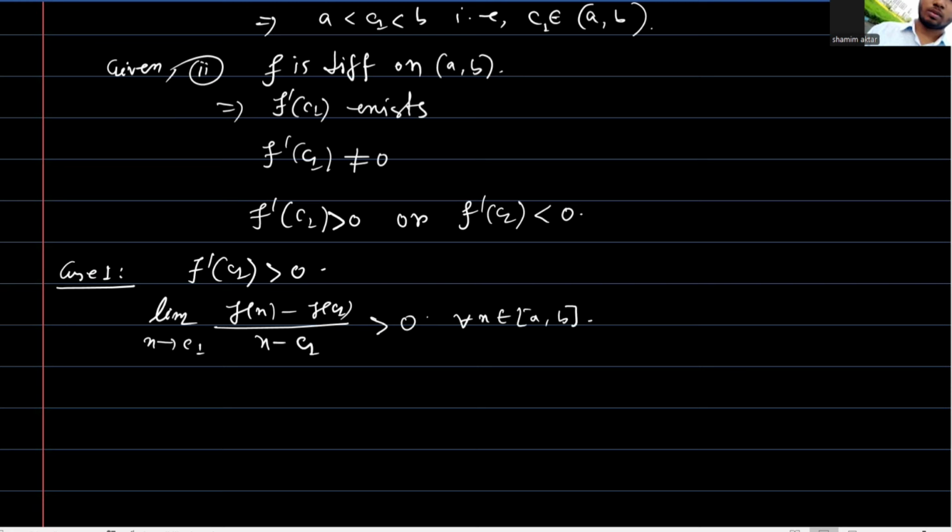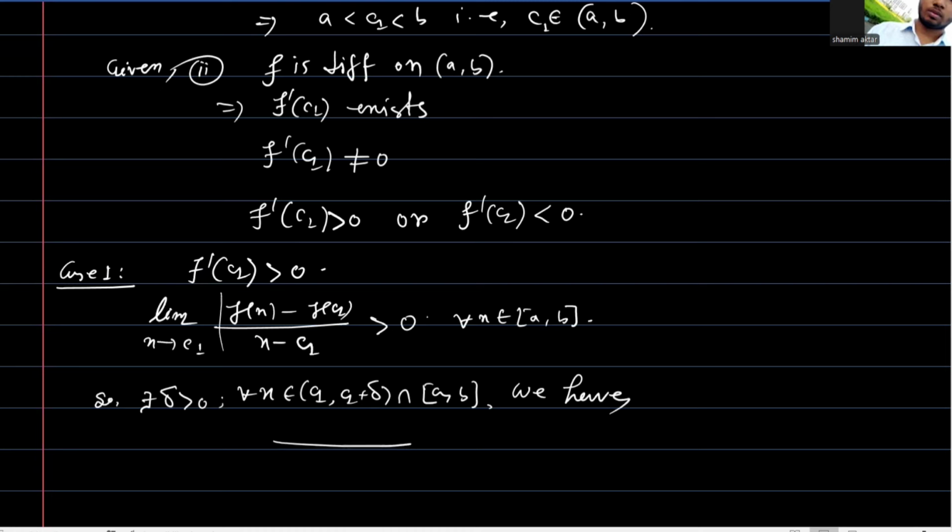By the limit property, there exists del greater than 0 such that for all x belonging to c1 to c1 plus del intersection a comma b, we have f of x minus f of c1 by x minus c1 greater than 0.